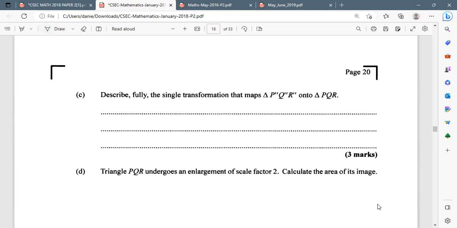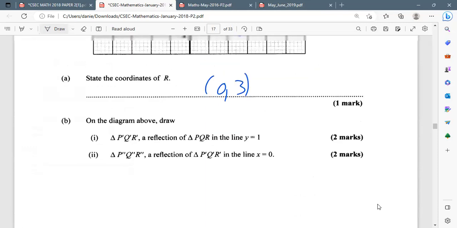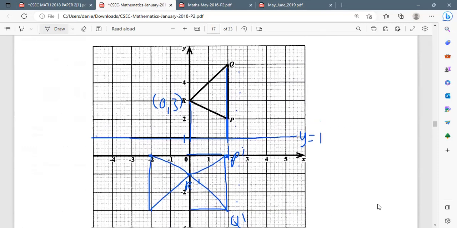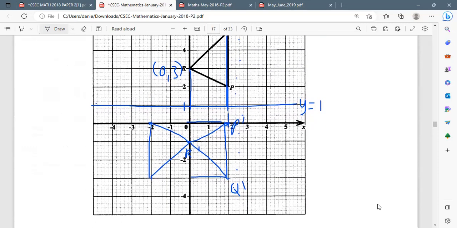Describe fully the transformation. So basically how they went from P prime prime onto PQR. If you go back, P prime prime is the shape here, and the way to go back. Basically, this transformation is a slide. So how do we move?